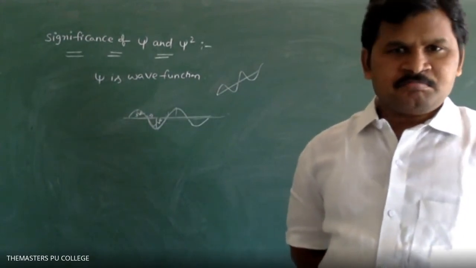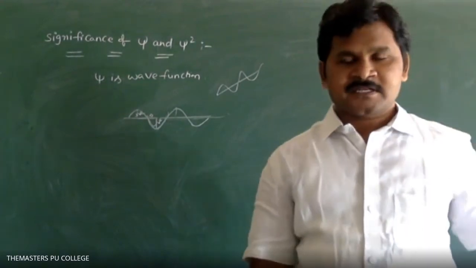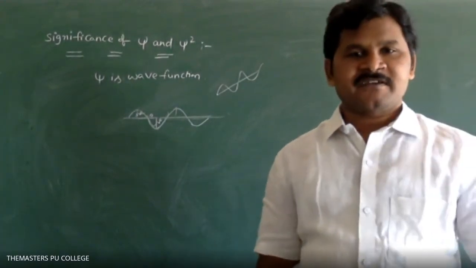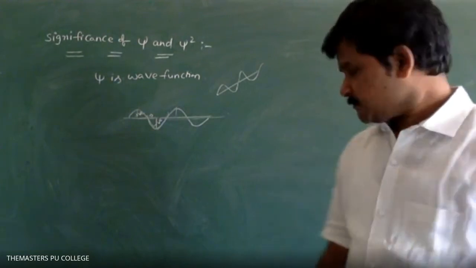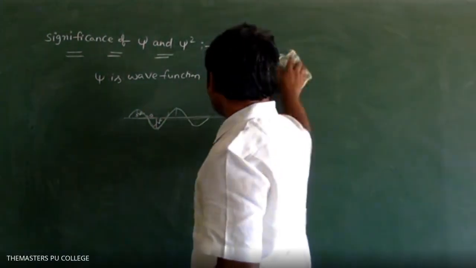Students, this is about the Schrodinger wave equation. Next one, side heading: shapes of orbitals.